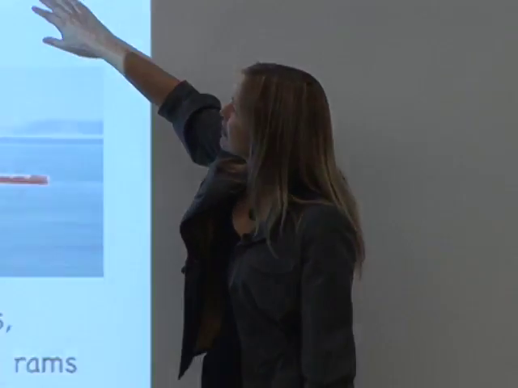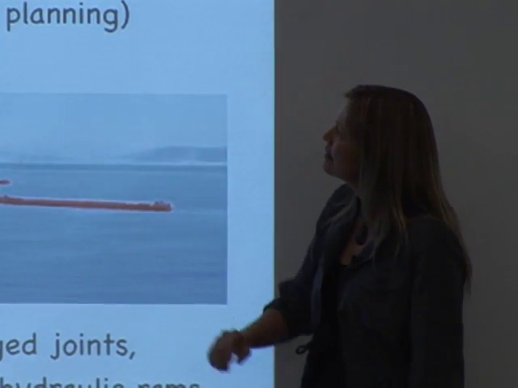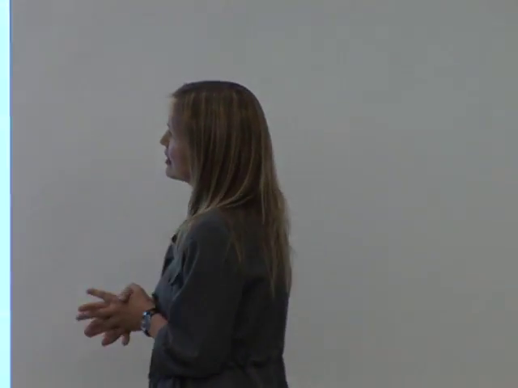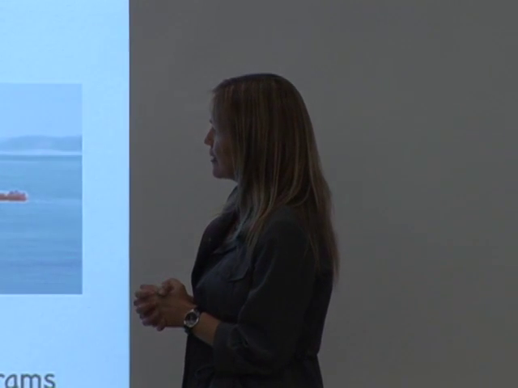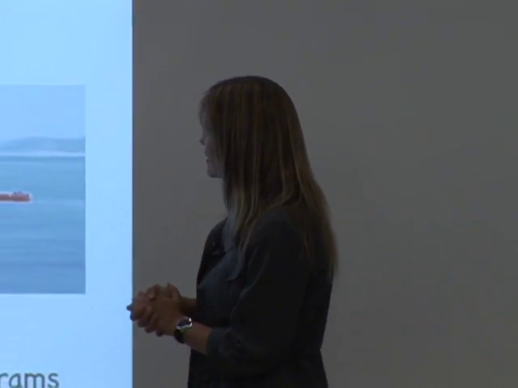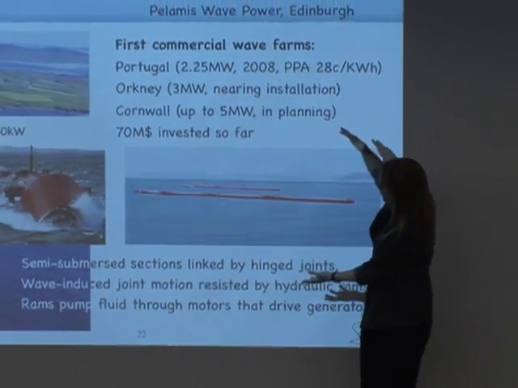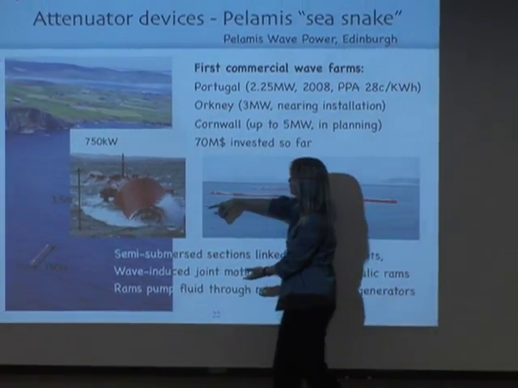They're building something in Orkney in Scotland of 3 megawatts, and they're planning a 5 megawatt device in Cornwall. So still very small numbers. And this has cost them about $70 million so far. So what is it? It looks like a sea snake. It's a big thing, about 3.5 meter diameter. I saw it in Orkney.